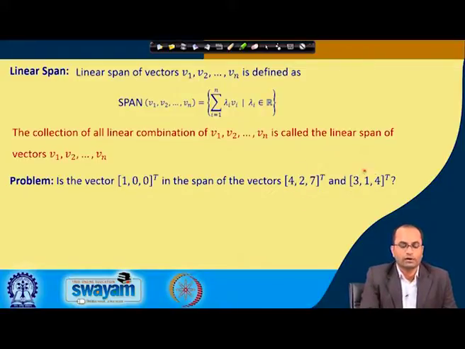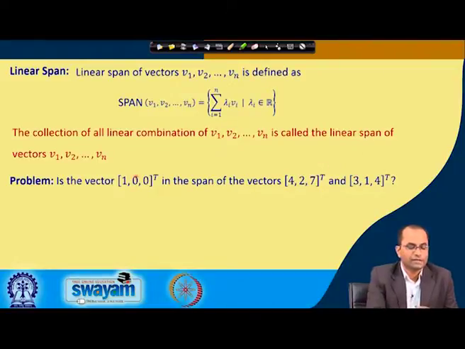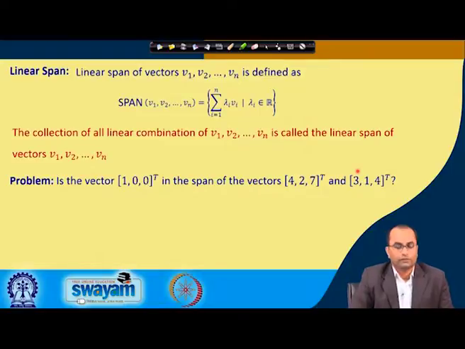All linear combinations of these two vectors. To check whether this belongs to the span of these vectors or not, we will just check whether this vector is a linear combination of these two vectors or not.